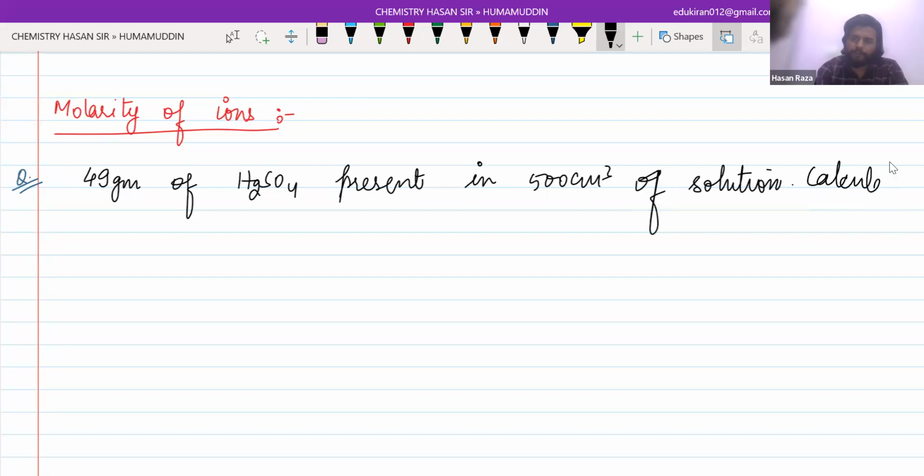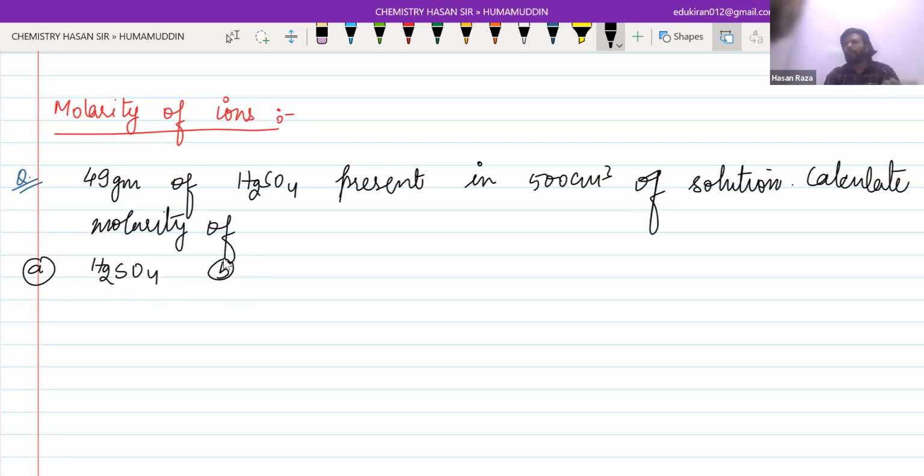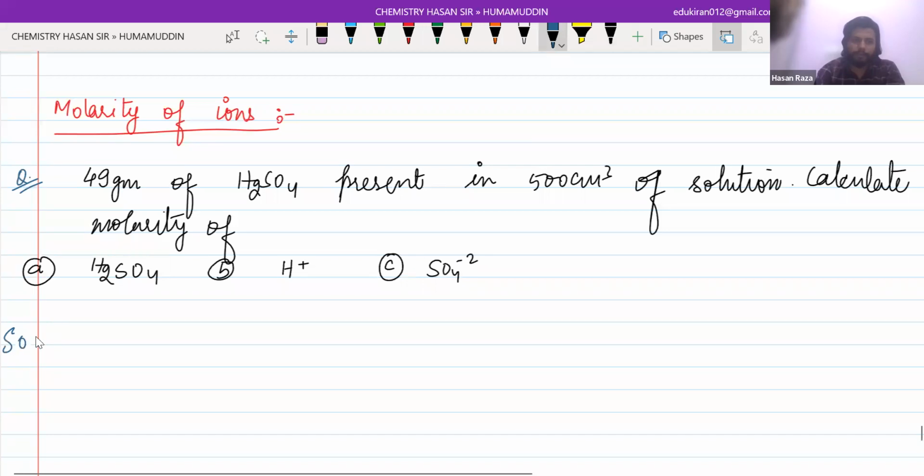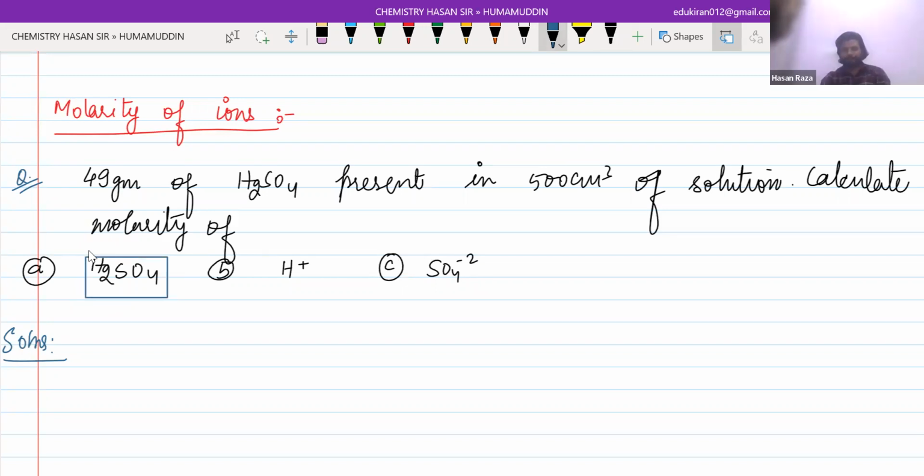Calculate the molarity of the first one, H2SO4. You need to calculate the molarity of H2SO4. That is basic, the way we calculated the molarity of a solution. The B part is calculate the molarity of H plus, which is an ion, I'm going to explain this, and SO4 minus 2. So first, you are going to tell me what will be the molarity of H2SO4, and you can do it easily. Okay, first you are going to solve it. Just let me know.